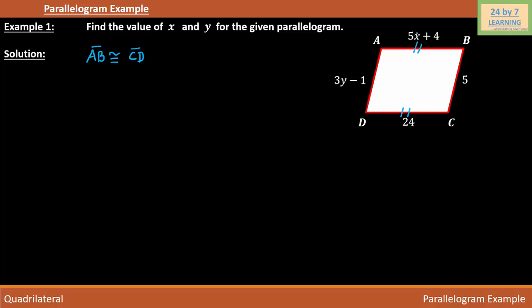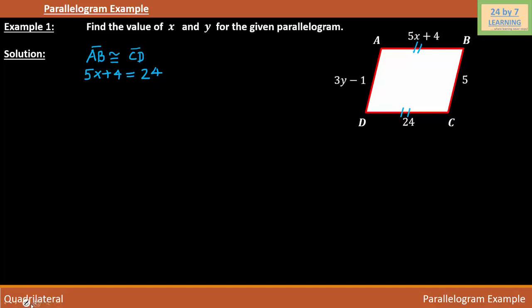Now I'm going to write the length of sides AB and CD. So I will write 5x plus 4 is equal to 24, because these two sides are equal and the sides are given as 5x plus 4 and 24.